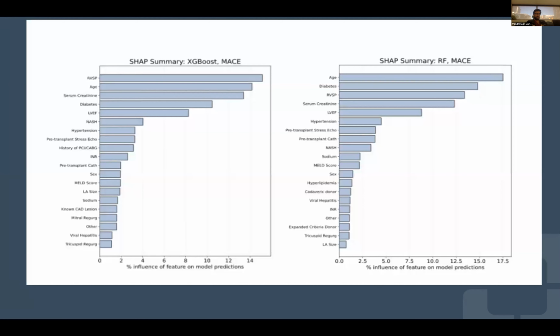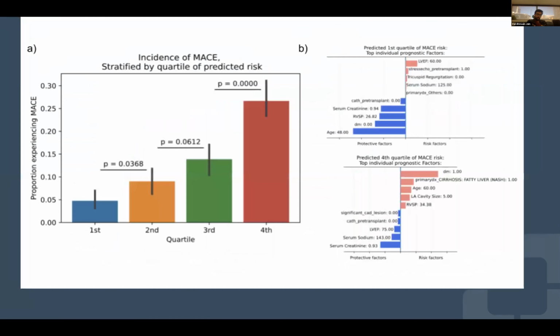And then this is again the visual representation of our SHAP summary. And this is an interesting figure from our paper. We divided all our patients into quartiles of risk for adverse cardiac events based on our model. The first quartile has patients with the lowest risk, and in the fourth quartile we had patients with the highest risk.